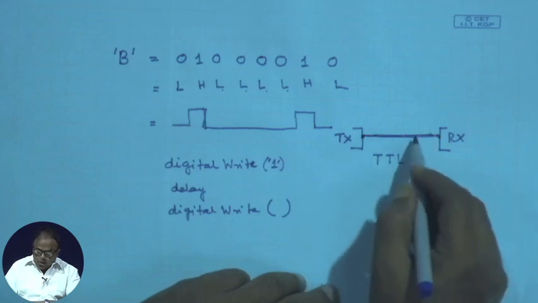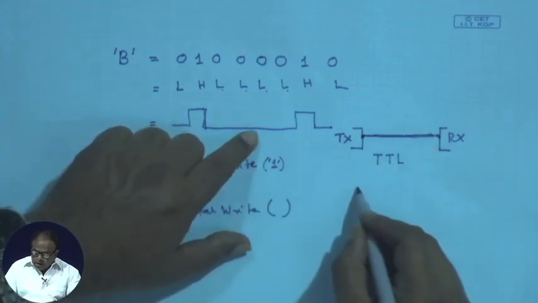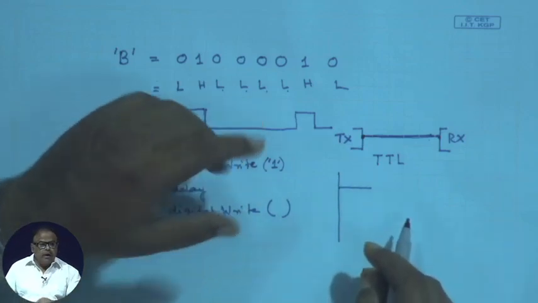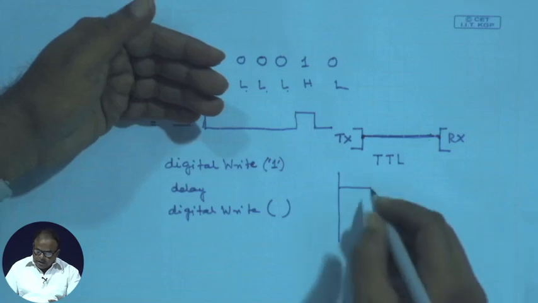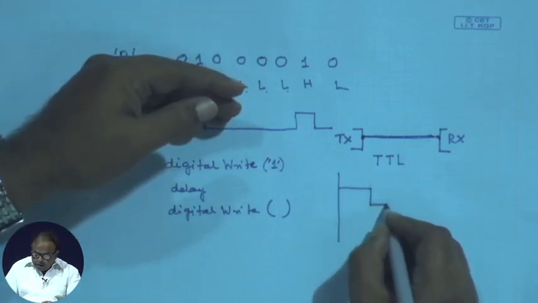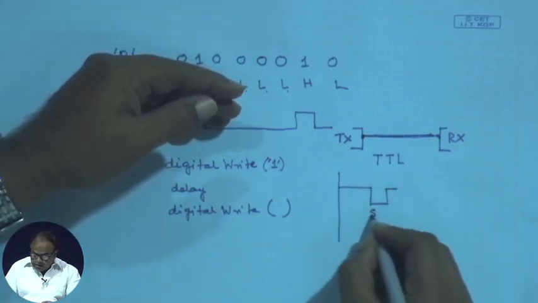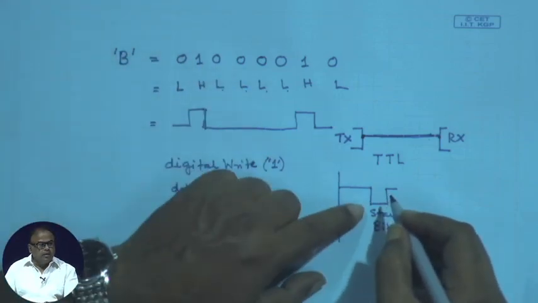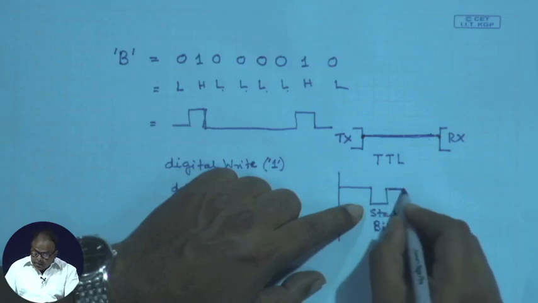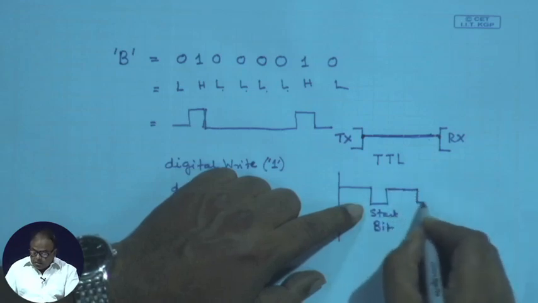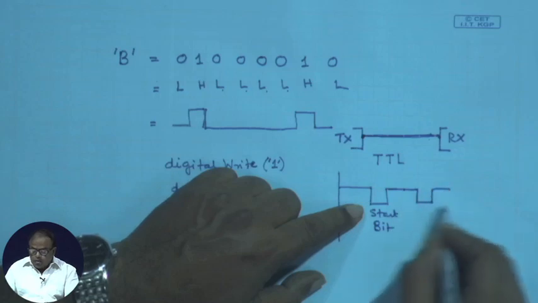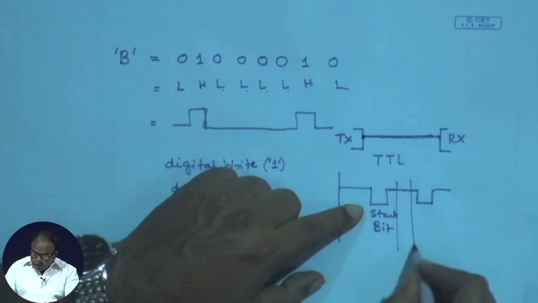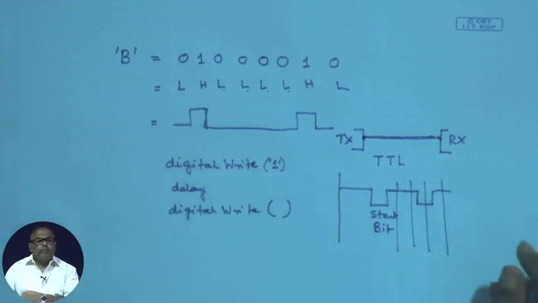Now, when nothing is floating, this line is actually in 1, say it is at the high level. Therefore, whenever I want to start transmitting data, I will have to send a start bit first, which brings this TTL level to low, and after that it can be 1, 1, 0, 1, whatever I go on sending. That is sampled at the middle of each of these clocks. All right.